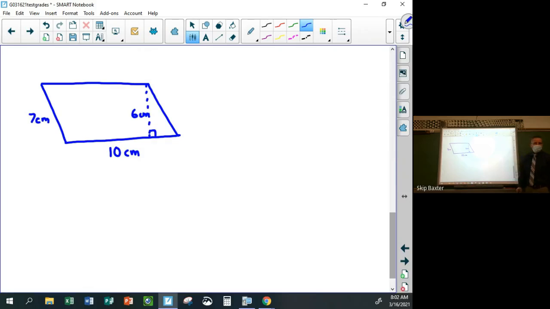But you won't be fooled by this, okay? If this was multiple choice, I guarantee you 70 would be one of the choices, because people would accidentally multiply the length of the side of the parallelogram instead of the height of the parallelogram measured perpendicularly. So don't fall for that. The area here would just be 10 times 6, or 60 centimeters squared.